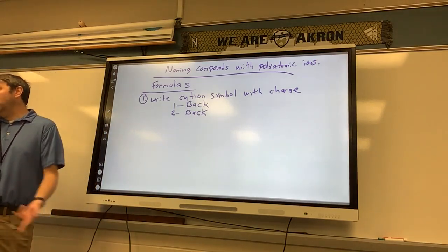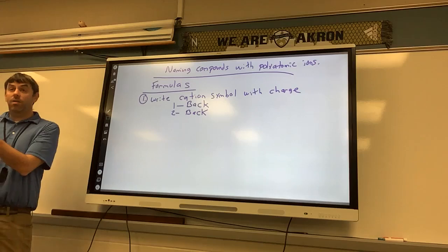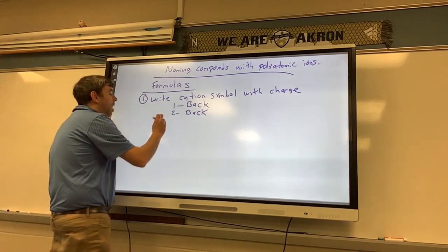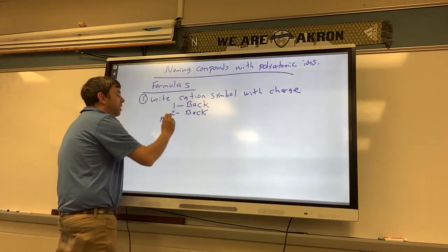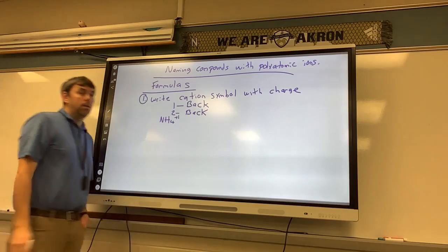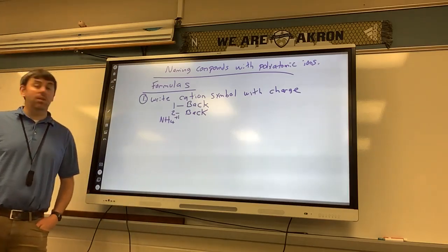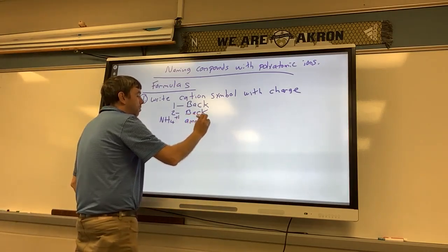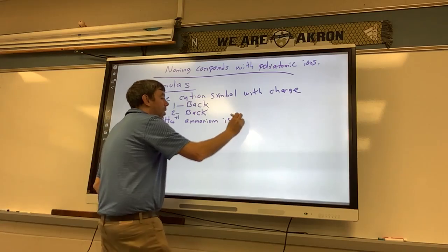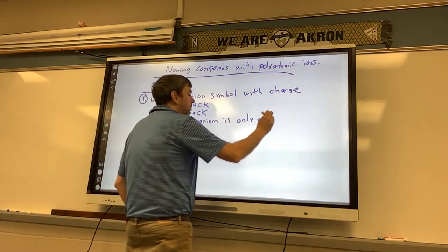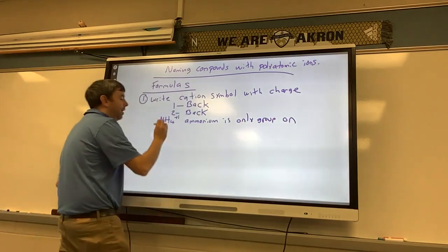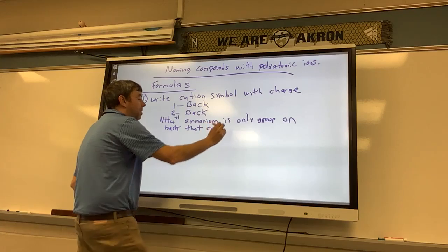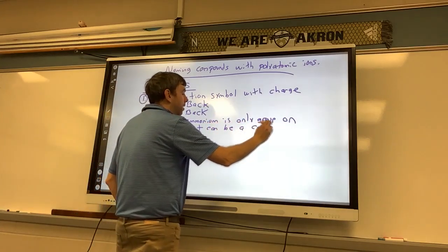So my cation could be from the periodic table, a group 1, it could be a group 2, or NH4 plus 1, which is ammonium, the only group on the back that can be a cation.